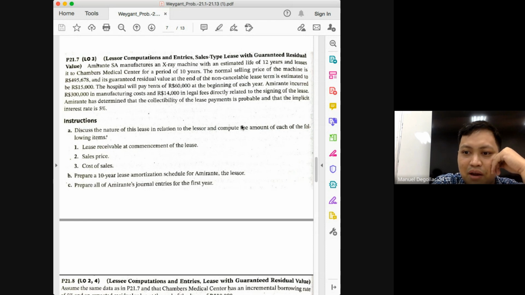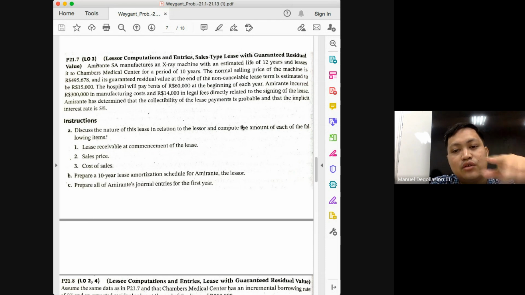And to what do you compare that, class? You compare it to the fair value of the asset, which is also 495,678. So can we say that the present value of the lease payments is at least 90% of your fair value of the asset, class? Yes, it's actually even equivalent to 100%.